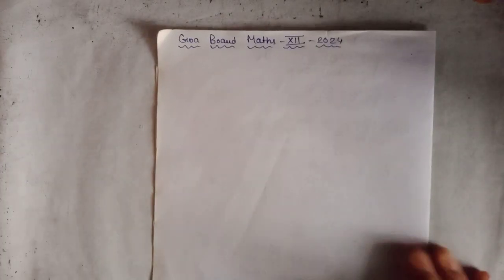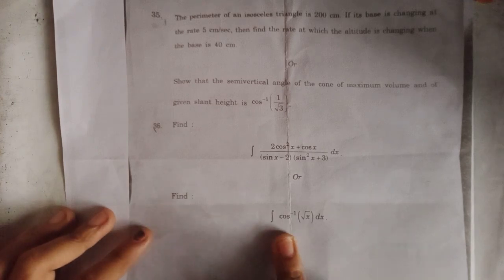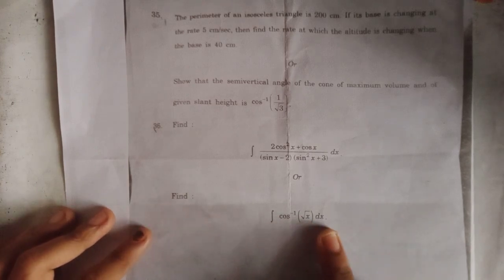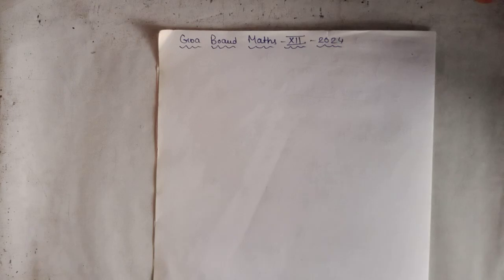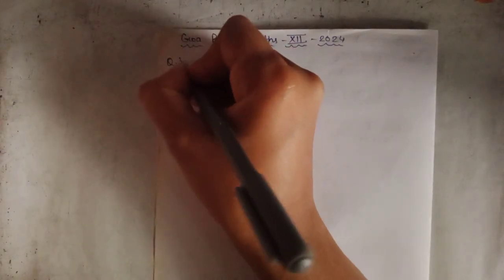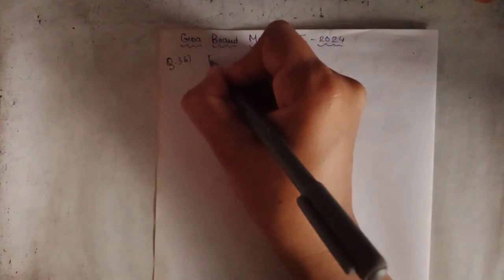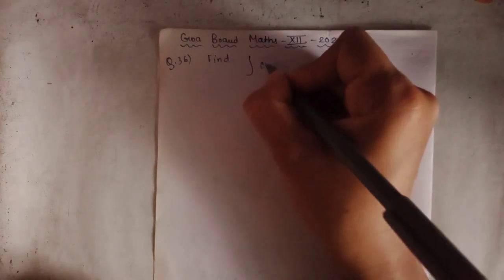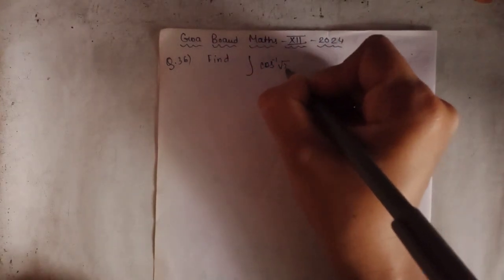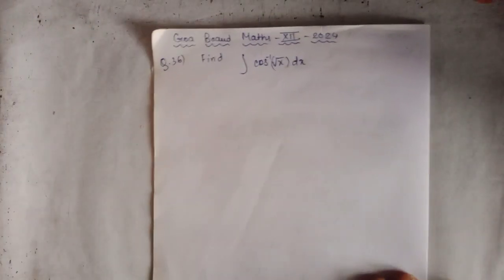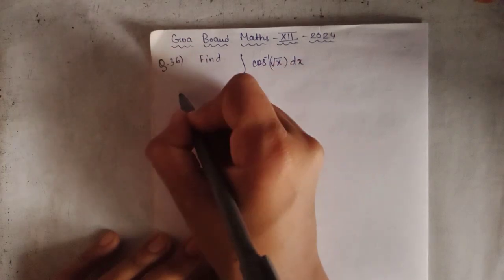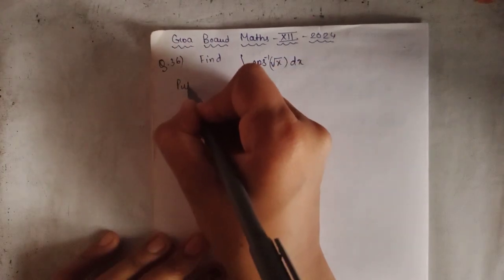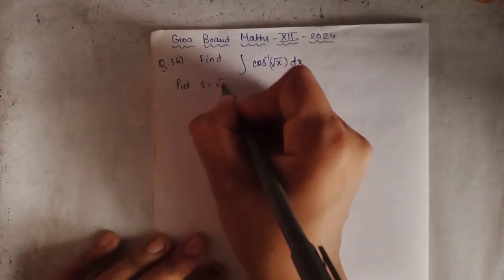So let's solve the OR question, that is the optional one. Find integral cos inverse root of x dx. I'm going to substitute t equal to root of x.